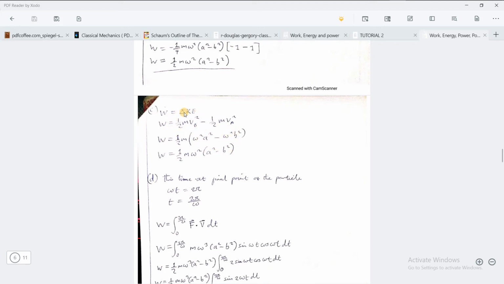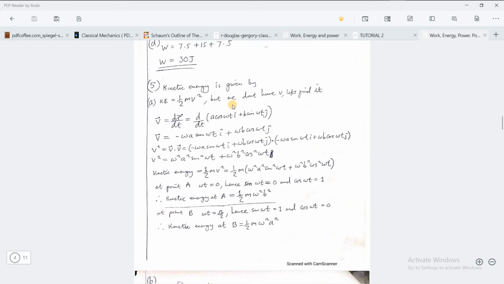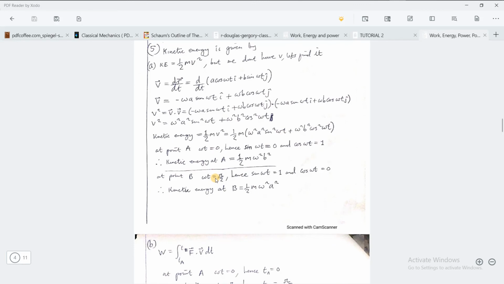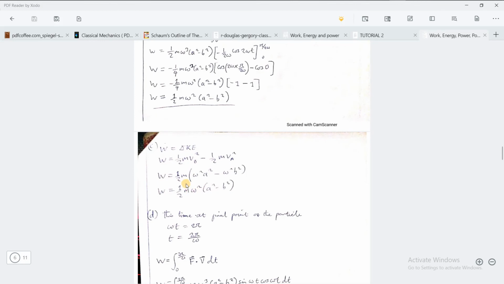Kinetic energy at point A, we found it here in the first part. You remember this part. Kinetic energy at A was this, kinetic energy at B was this expression. So you just have to take this expression minus this expression, then you found your answer, as it's been done here. Have you seen what we're getting?